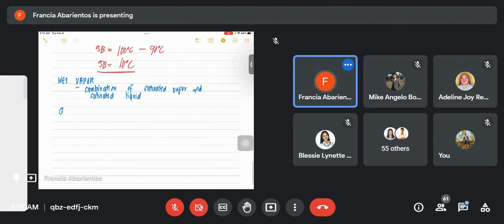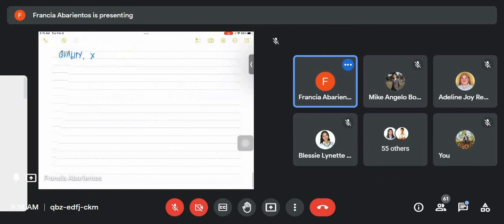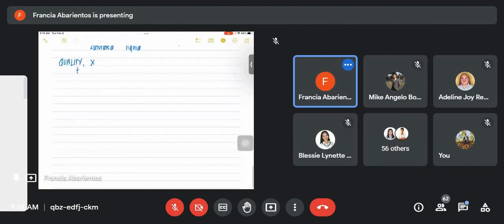First, we have the quality. We should be familiar with this. The quality X is the quality of wet vapor or wet steam, that is equal to the percent by weight that is saturated vapor.